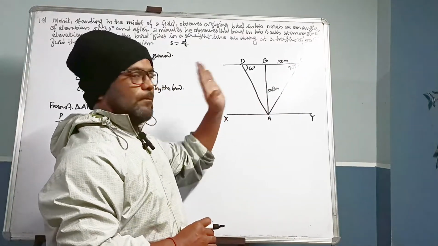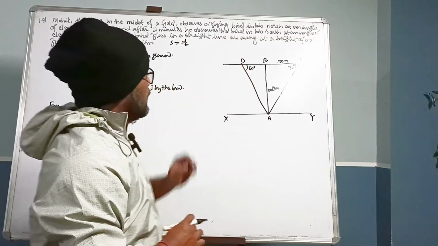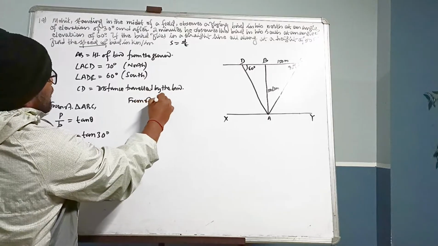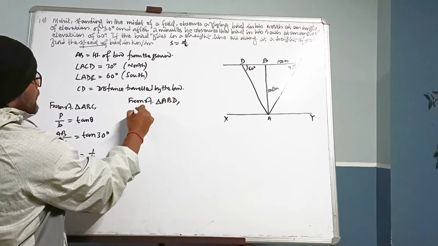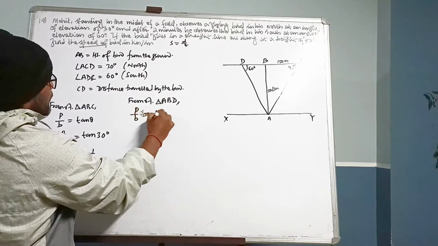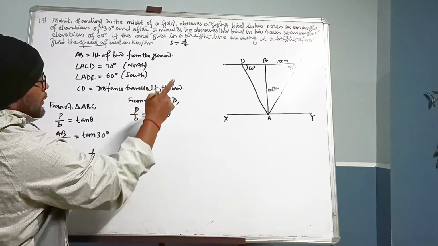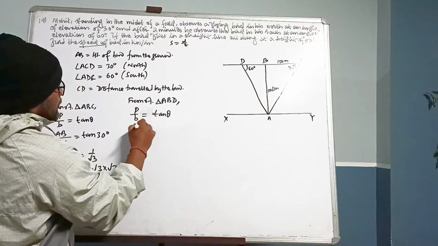In the similar manner, from the right angle triangle ABD, same formula and same process. Perpendicular by base equals to tan theta. So perpendicular, look here, in this triangle the perpendicular will be same.